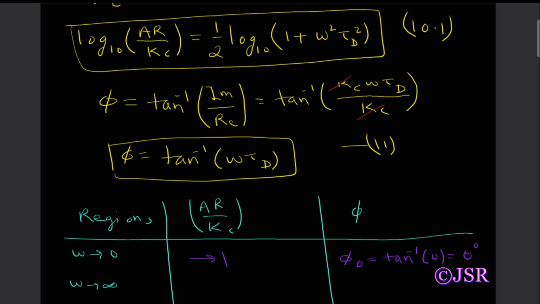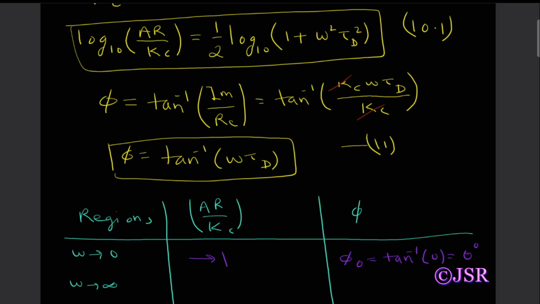So if we take omega square tau d square common, we will get half log 10 omega square tau d square times (1 upon omega square tau d square plus 1).